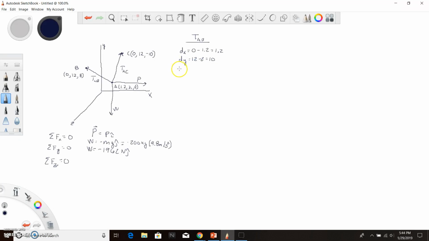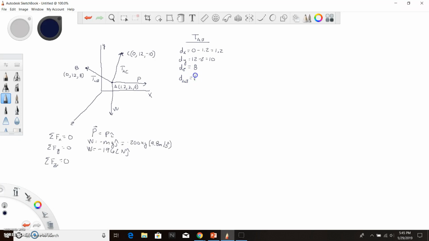Okay, and then I've got D sub z, which is going to be 8 minus 0. Well, that's easy enough. There are my 3 components. So now I figure out the magnitude of D, and we'll call this DAB.